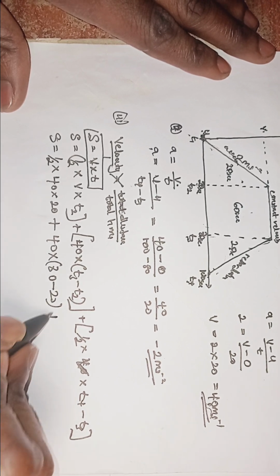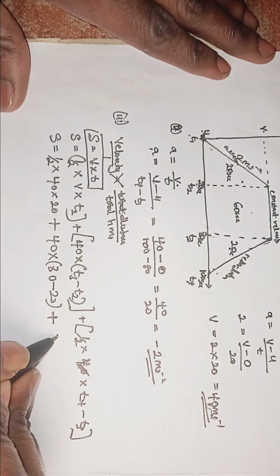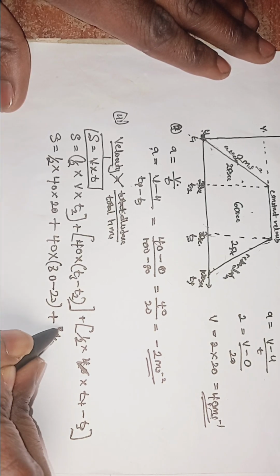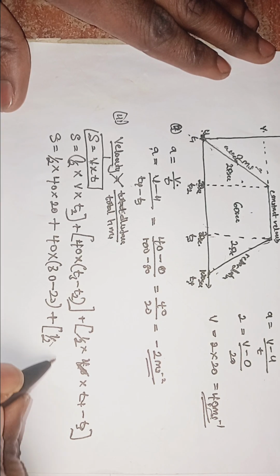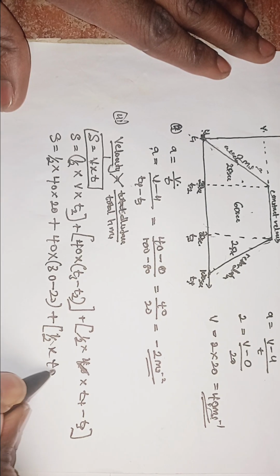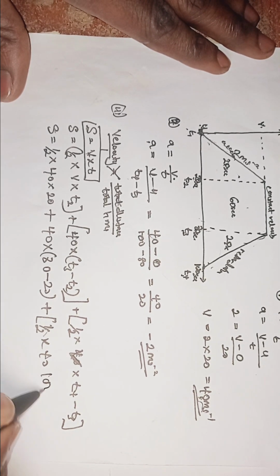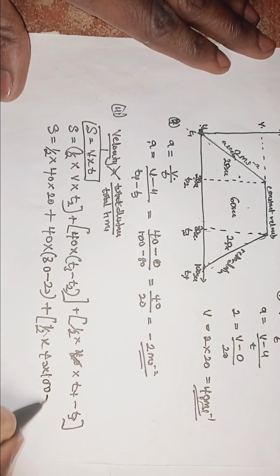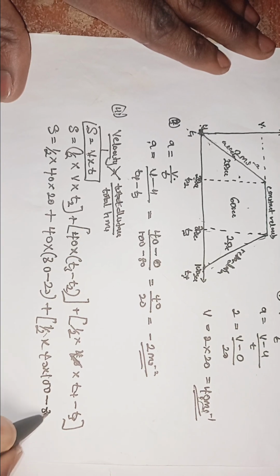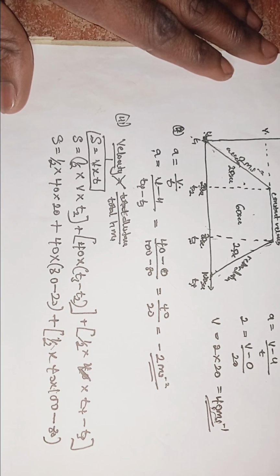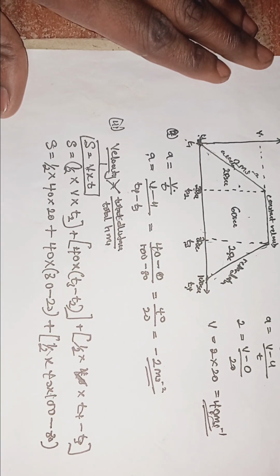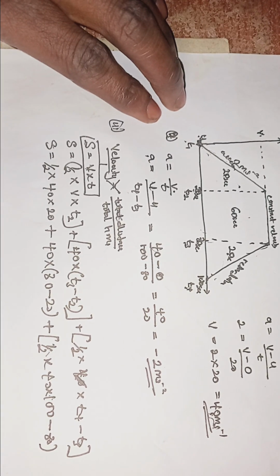After that, plus, you add it together, half again, multiplied by v, which is 40, multiplied by T4, which is 100, so you subtract 80. After we have written this, the next thing is for us to multiply first, then we add everything together.